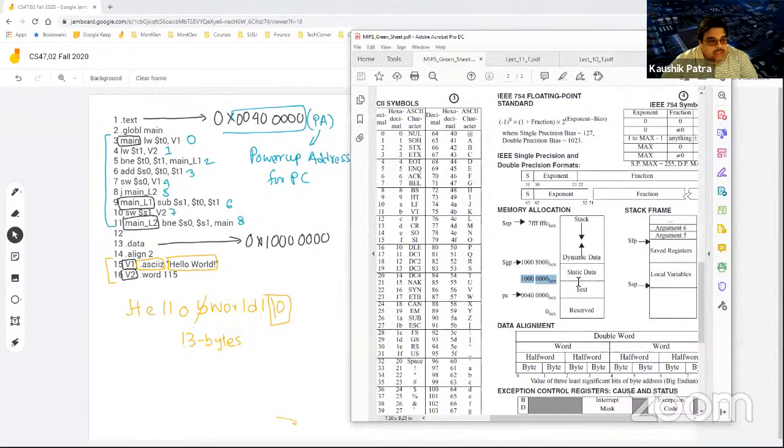This one is the MIPS assumption. MIPS recommends that you place your static data in this area, from 10010000 hex till that address space. That is the MIPS assumption. It does not distinguish between an extern or a global or anything like that. Everything is static data from the processor side.